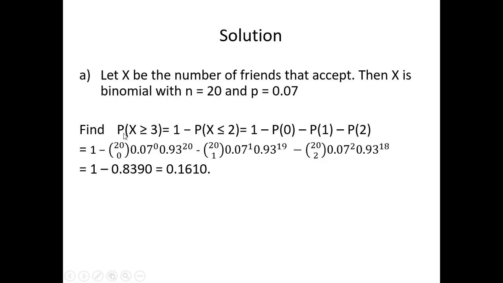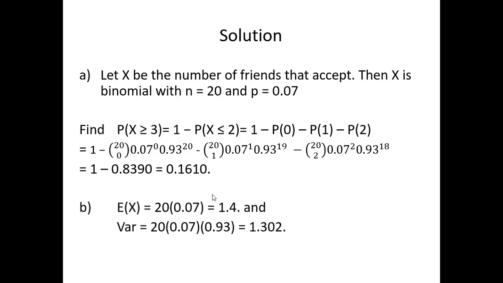When we work all of these out, these three probabilities should come out to 0.8390. And then we subtract that from 1. So our final answer for part A is 0.1610. So about a 16% chance 3 or more friends will accept.